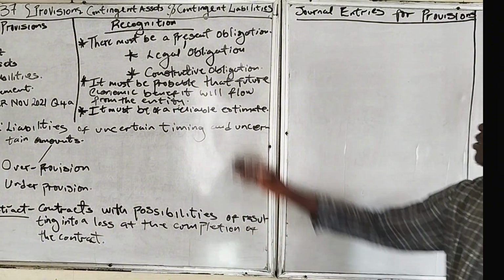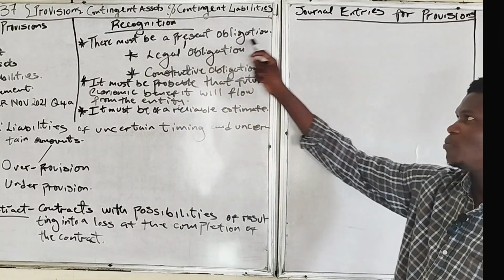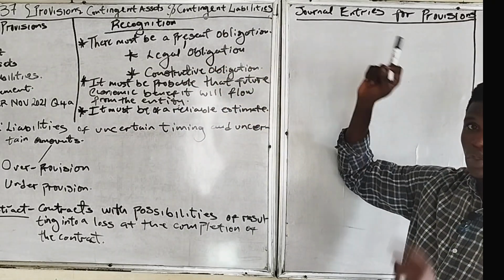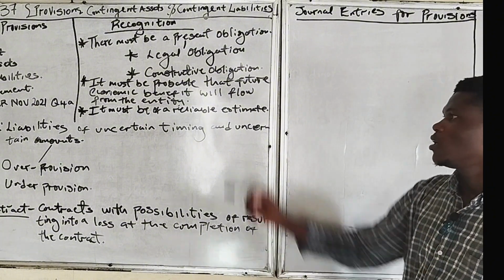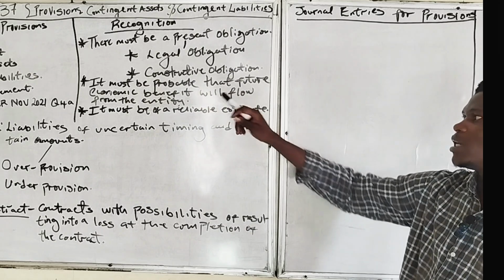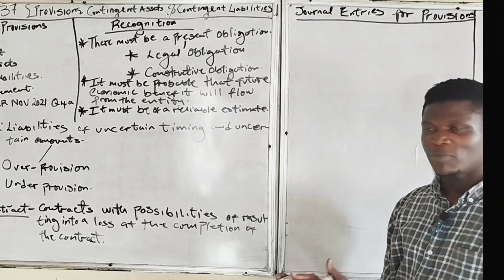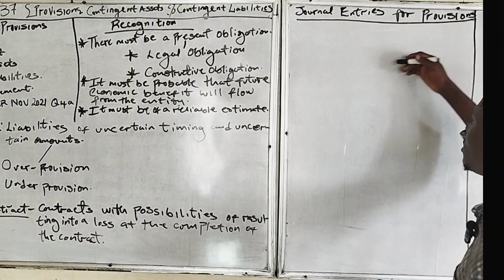So if these three recognition criteria are met, meaning that if there is a present obligation as a result of past events, note, it has to be as a result of past events, then if it is reliably measured, then if there is a probability that there will be an outflow of future economic benefits, then we should recognize provision. So how do we recognize the provision?